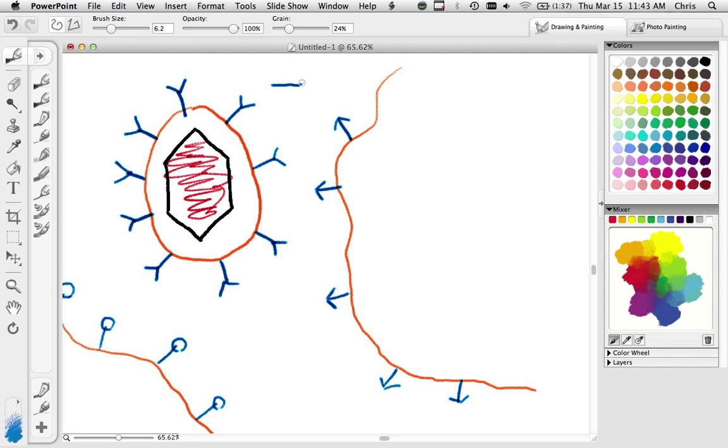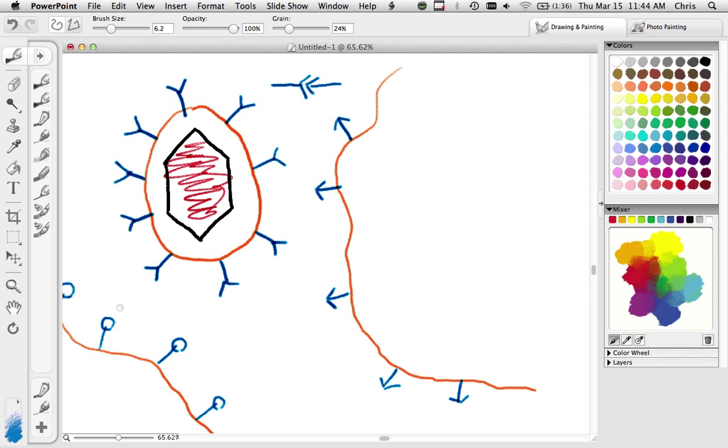So this would be the virus protein right here, and it would match up very nicely, dovetail right in there with the cell's protein. And if the virus comes in contact with a cell like that, the cell is sort of fooled into thinking that it's letting a friendly particle inside the cell. The cell has no idea it's letting in an enemy, which is the virus.